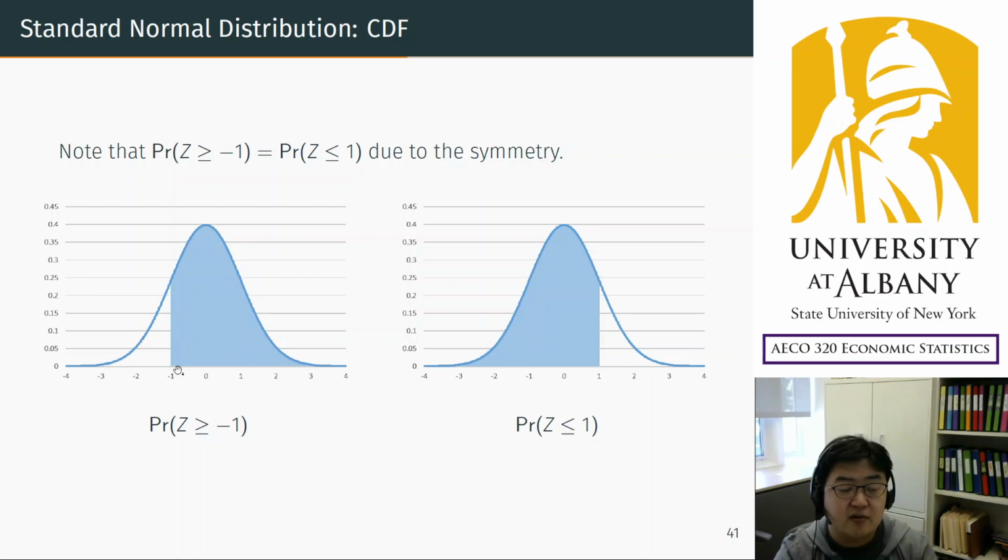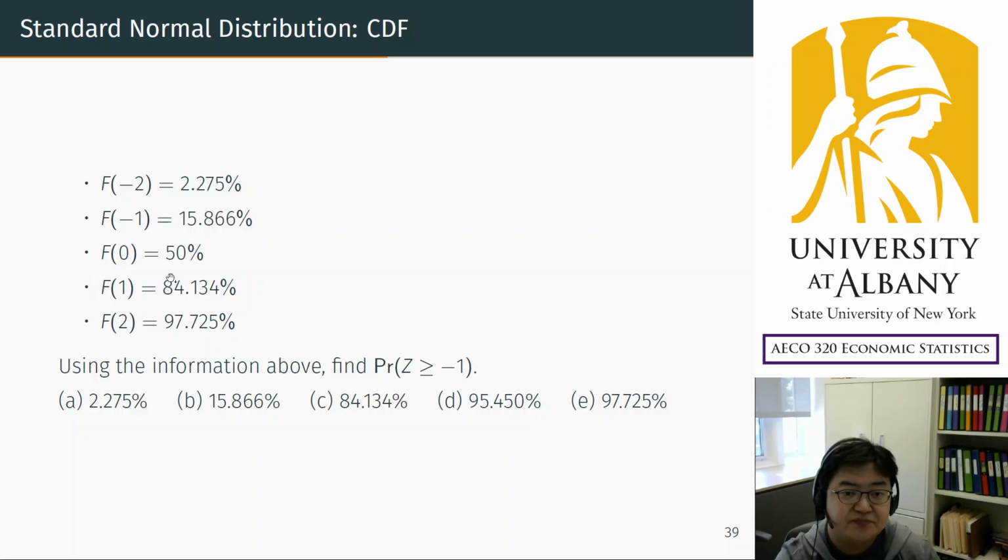Color the area on the interval greater than -1. And if you use the symmetry, you may flip the image and calculate this area, right? So greater than -1, the flipped image of greater than -1, is smaller than 1. So this area is another one, like it is known. It is a cumulative probability already calculated here.